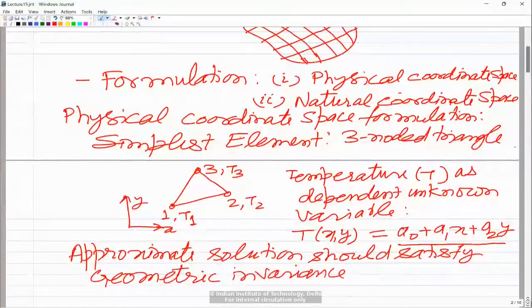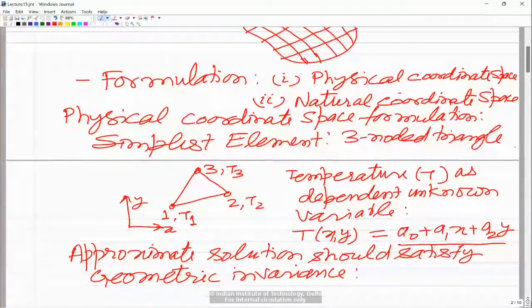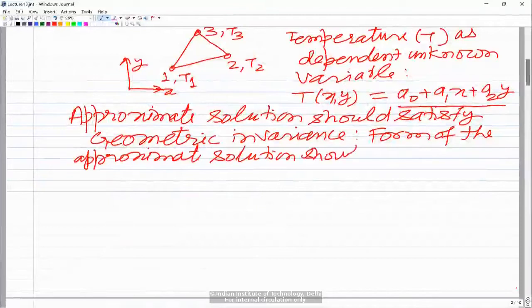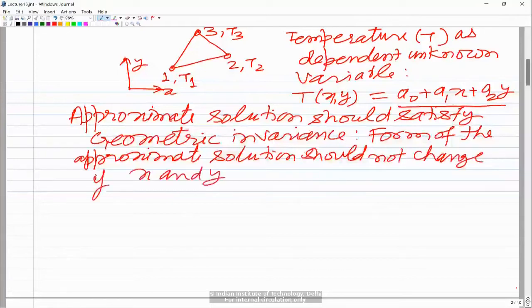And what that means is that the form of the approximate solution should not change if x and y are interchanged. So that's the simplest, a three-noded triangular element.